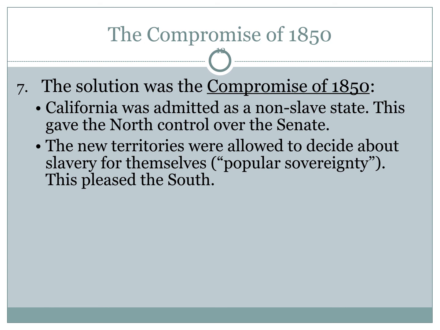New territories were allowed to decide about slavery for themselves. This was something called popular sovereignty, basically meaning let's let the people decide whether they want to be a slave territory or a free territory. And this made the South very happy because they felt they would be able to win those votes.